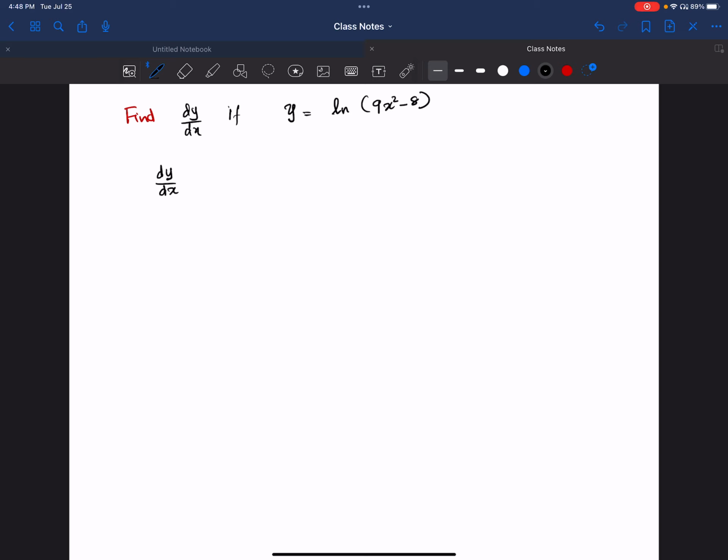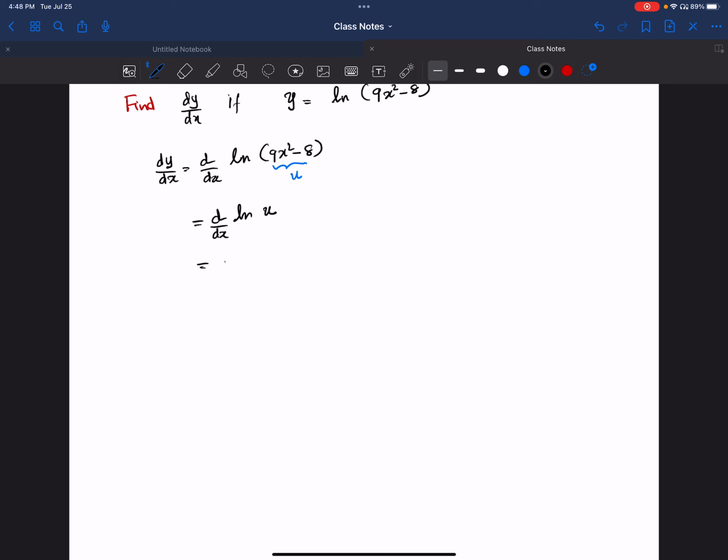Dy over dx is equal to d over dx natural log of 9x squared minus 8. And I'm going to take this as u. So we can take d over dx natural log of u.